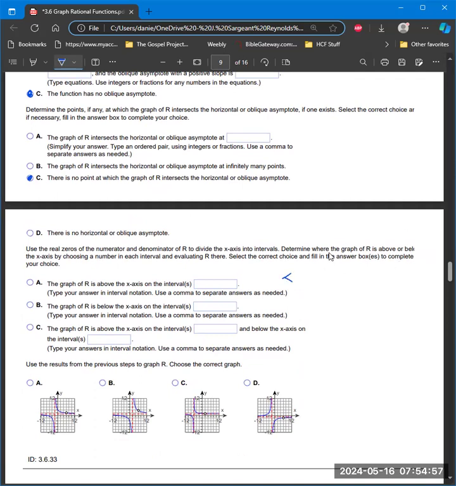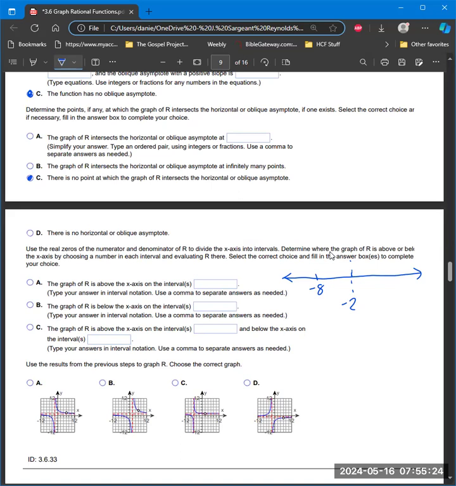Now we're going to be interested in -2 and -8. So -8 is my x-intercept, -2 is my asymptote, and that's it.